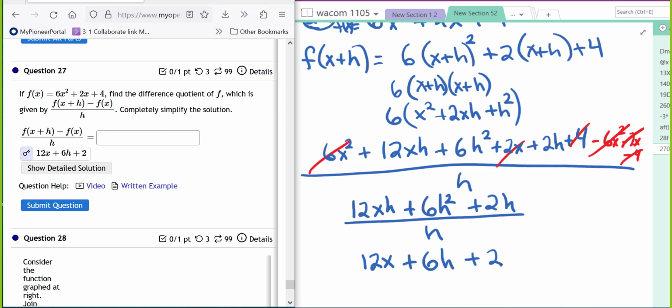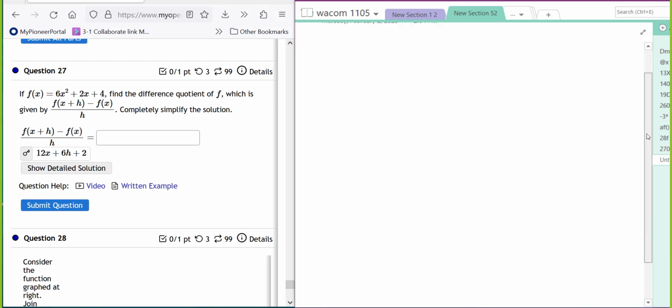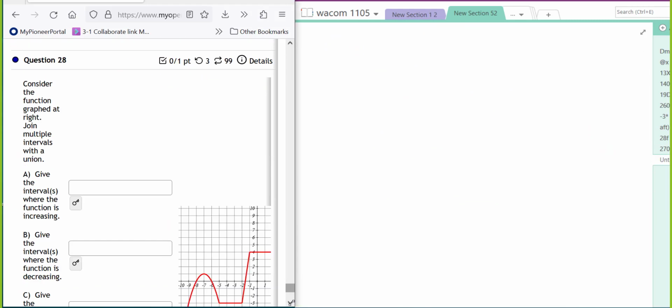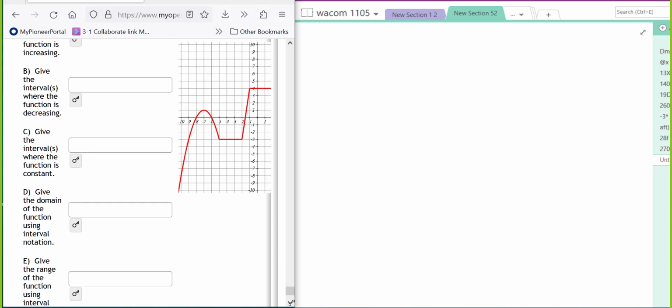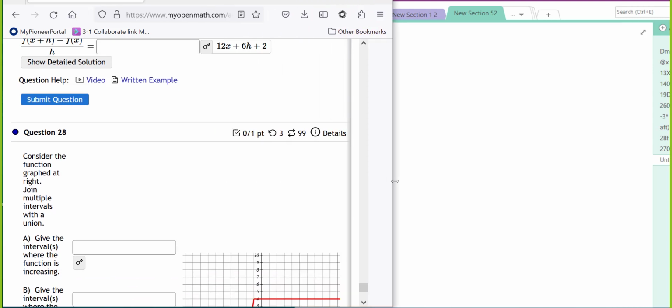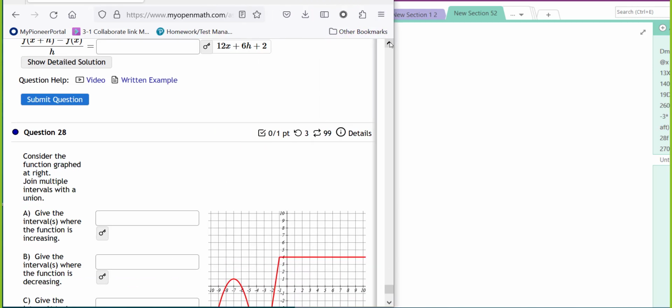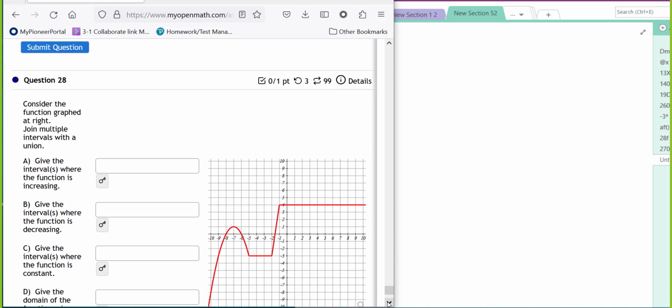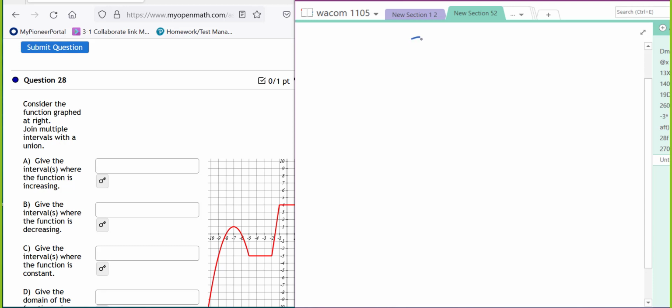All right, let's look at 28. So that's all of those. And 28, I think we are just looking at some different graphs. And we need a bigger space here. All right, so we're going to consider this function, and we're going to give the intervals that it's talking about. So it's talking about increasing, decreasing, constant. So A is increasing.